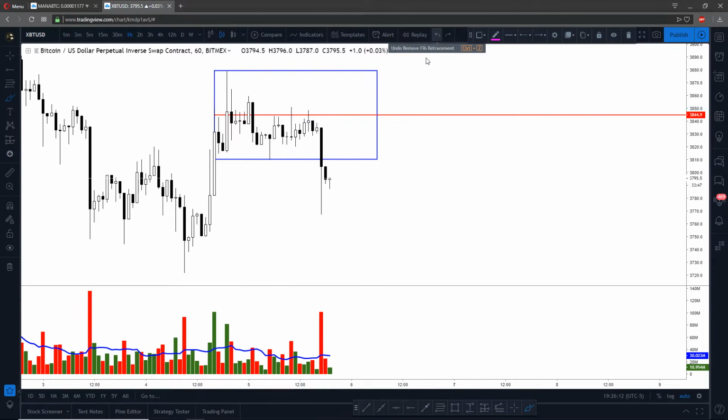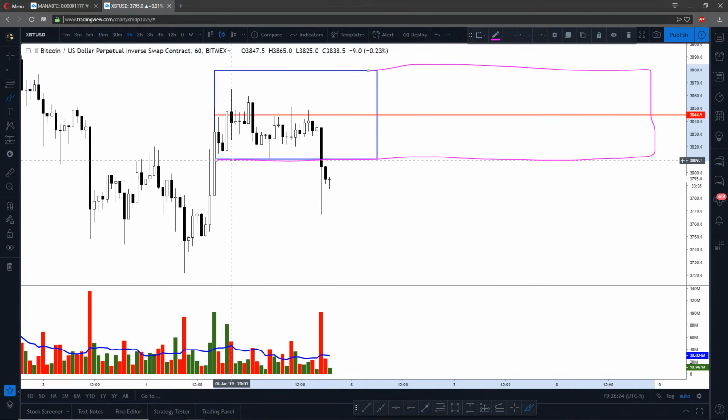I mean, you don't really want to short below the equilibrium of the distribution, because think about if this went on forever. Think about if this was an extremely long consolidation. What do they tell you in standard trading? It's like buy the lows, sell the highs, right? So why would you want to sell the lows?